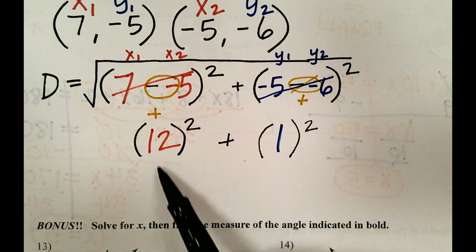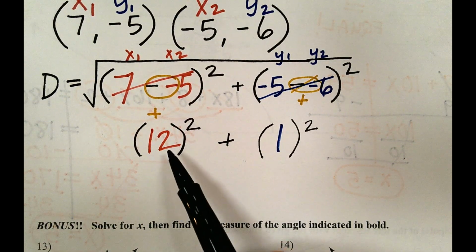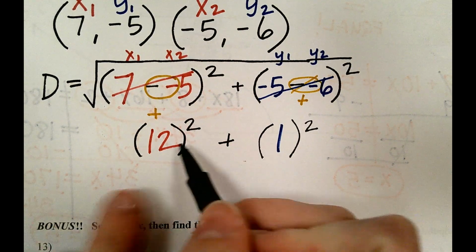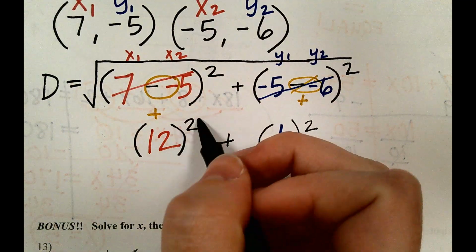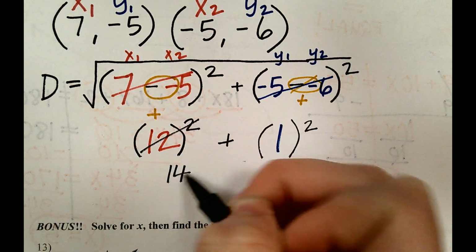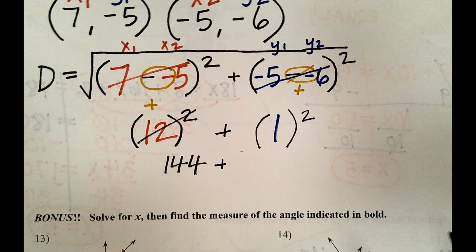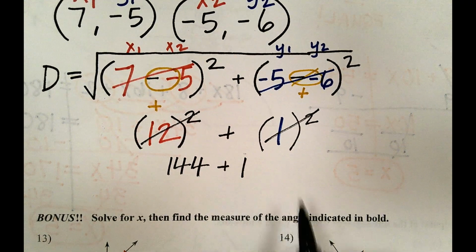Remember that squared means I'm taking it times itself. Do not do 12 times 2. That would not be correct. It's 12 times 12, which is 144. Plus, what's 1 times 1? 1. It'll be 145.